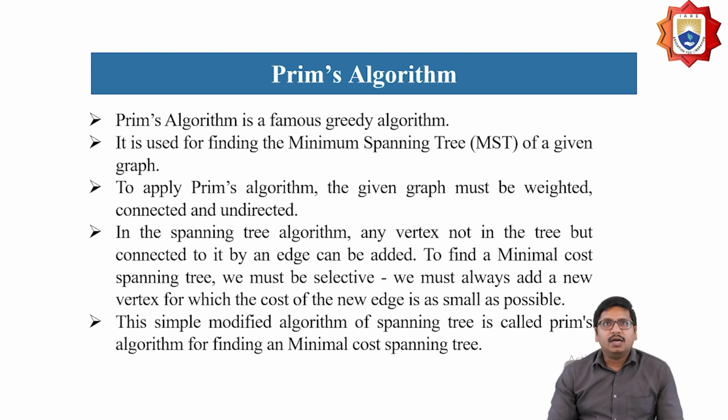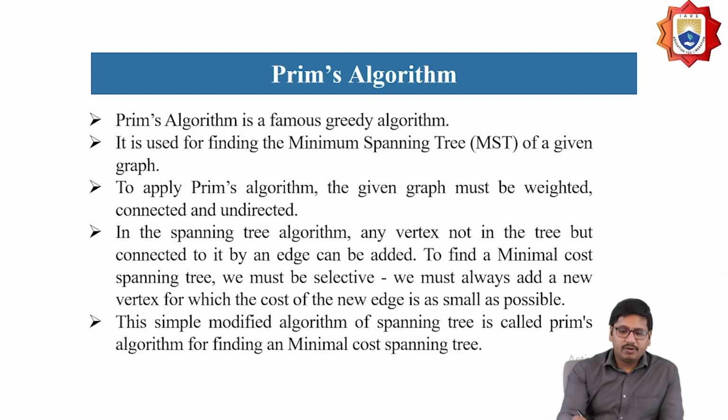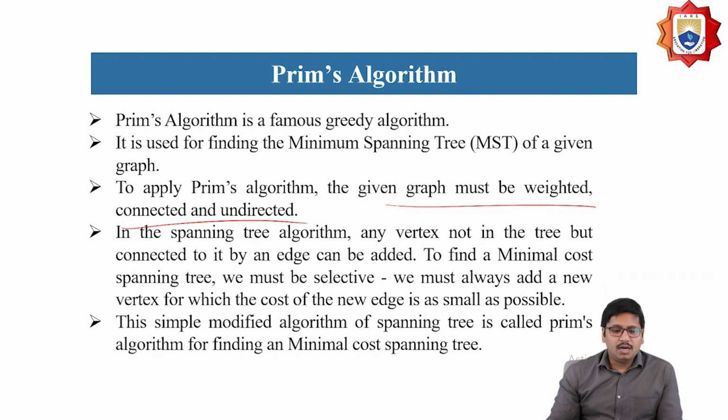And the next one is Prim's algorithm. Prim's algorithm is also a famous greedy algorithm, which is used to find the spanning tree for the given graph. To apply this algorithm, the given graph must be weighted, connected, and undirected.